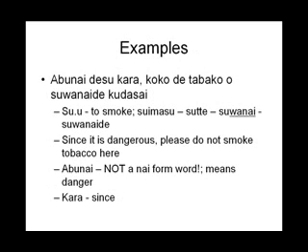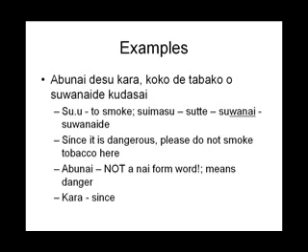Let us now discuss a few real-life examples. The statement here can be seen in many public places. Abunai desu kara, koko de, tobacco wo, suwanaide kudasai. Suu means to smoke. Suimasu is the masu form. Sutte will be the te form.